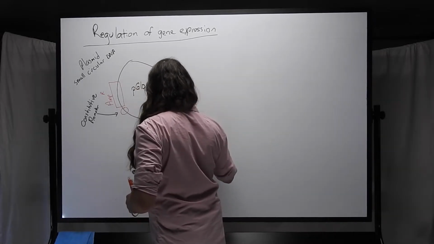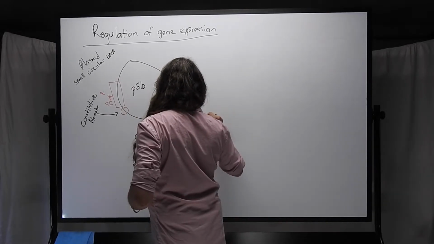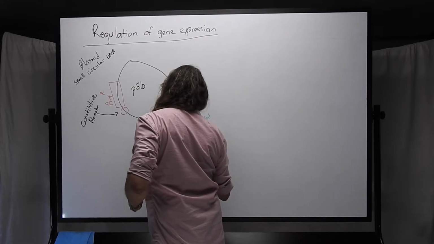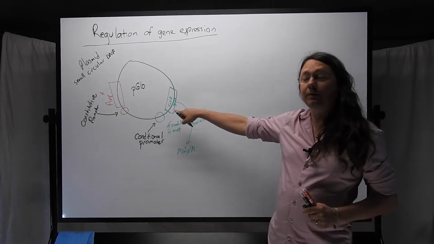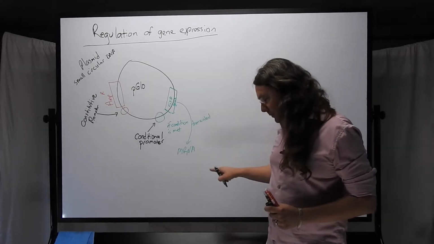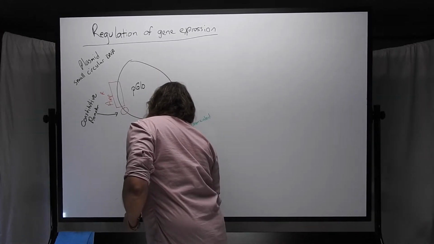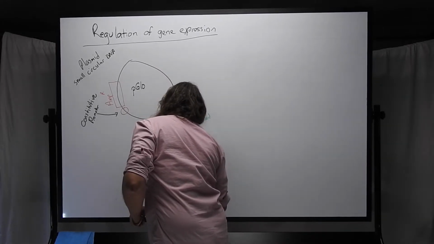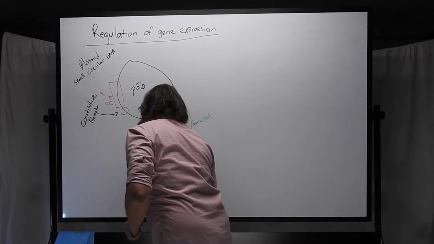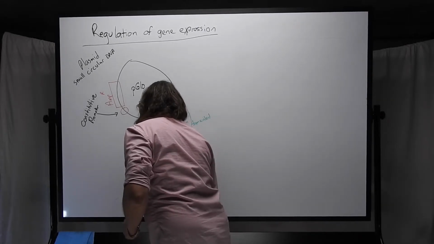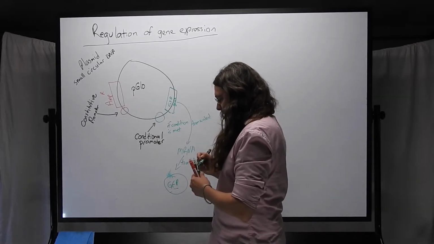This gene will get transcribed into an mRNA. And remember, this is going to be in a bacteria, so there's no splicing. We go transcription, and then we go directly to translation. And so that's going to give us a protein called GFP, for green fluorescent protein.